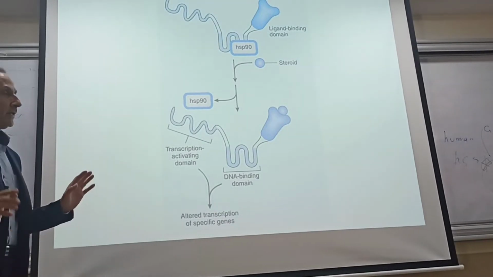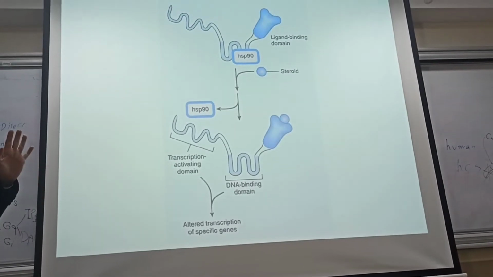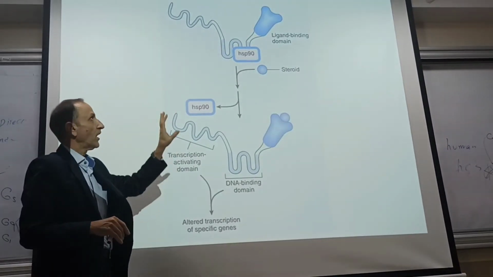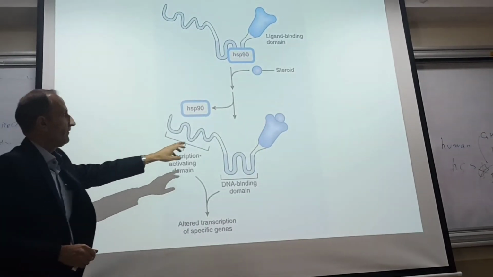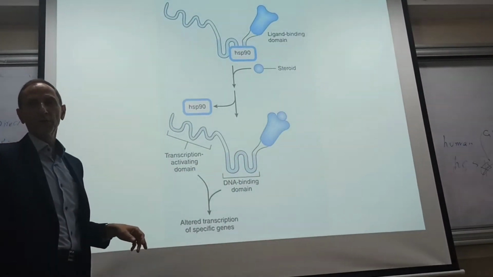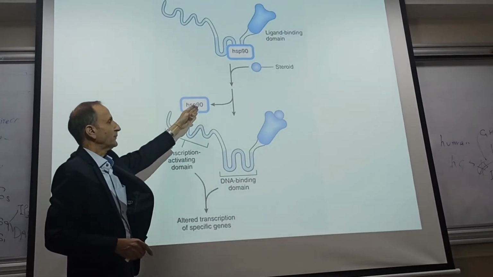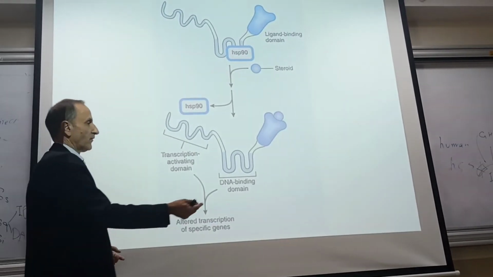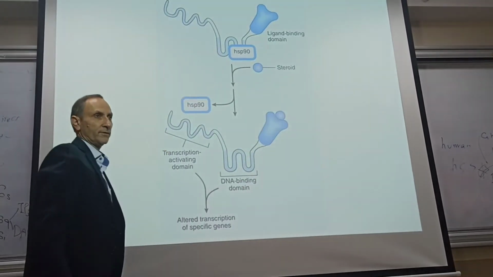In normal conditions, when we have no ligand, no agonist, heat shock protein has covered some part of the receptor. When we have the ligand, for example cortisol, or a steroid hormone, then HSP90 is detached, is removed.